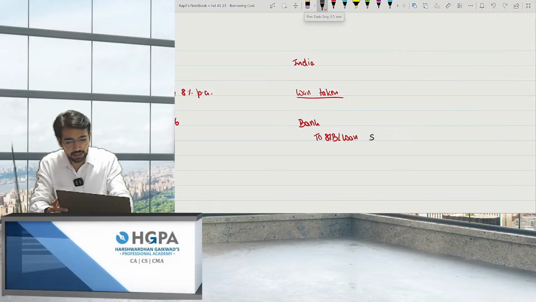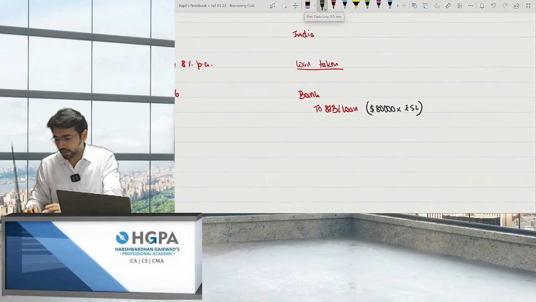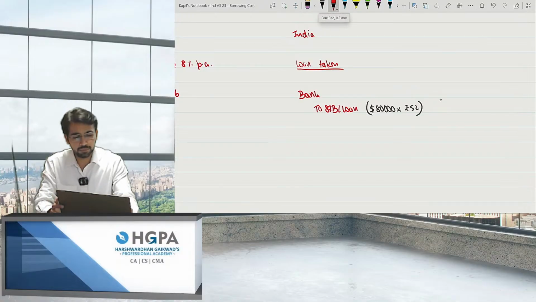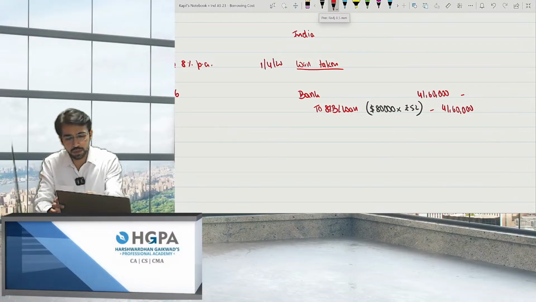Obviously, it was $80,000 into rupees 52. This was the journal entry, right? So 80,000 into 52, 41,60,000 was the loan amount at that point of time, right? It was on 1/4/2020, I guess.